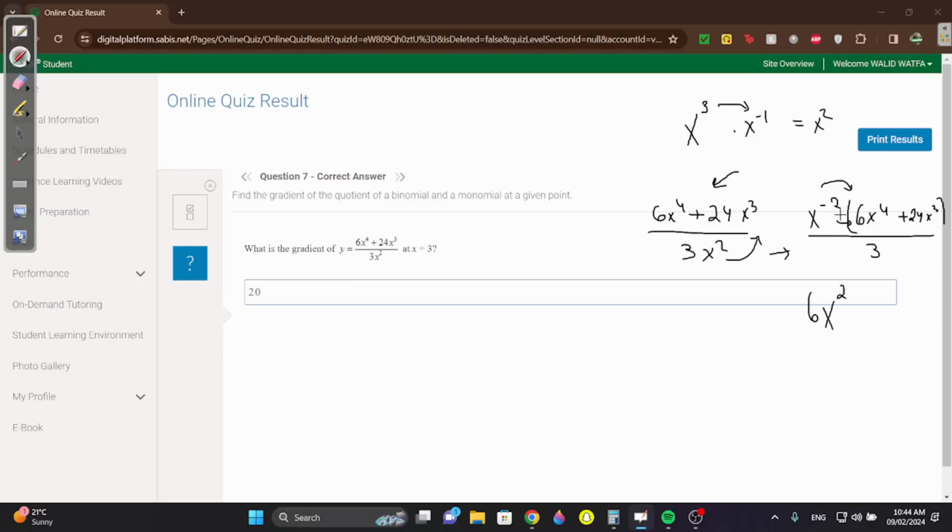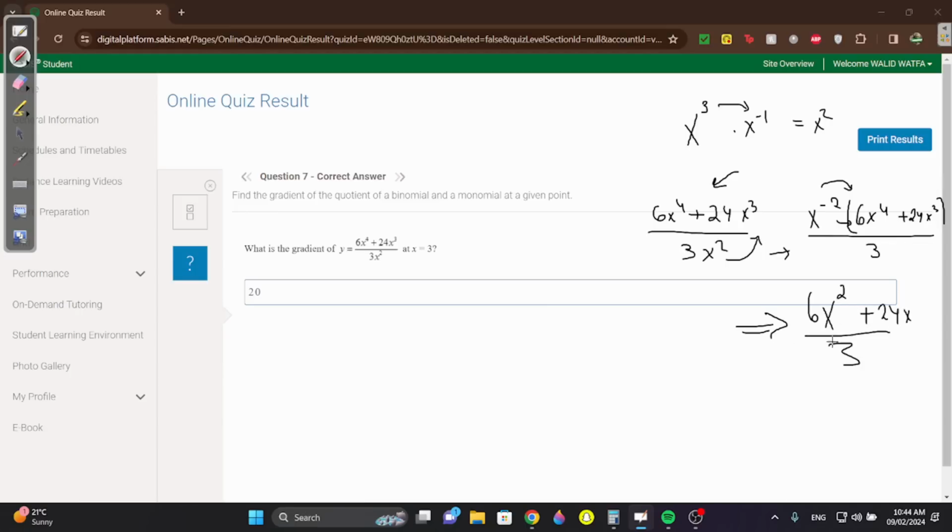Okay, and then minus 2 and 3, you get minus 2 plus 3 is just going to be 1, so 24x to the power of 1, but you don't write it. Again, for those who are confused, if the power is negative, like here, when you put x to the power 3 times x to the power negative 1, you get x squared, because 3 minus 1. In this case, 4 minus 2, you get 2. 3 minus 2, you get 1, but you don't write the 1. So 6x squared plus 24x over 3.